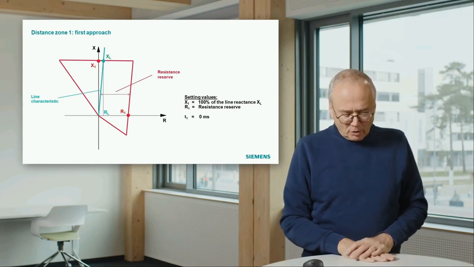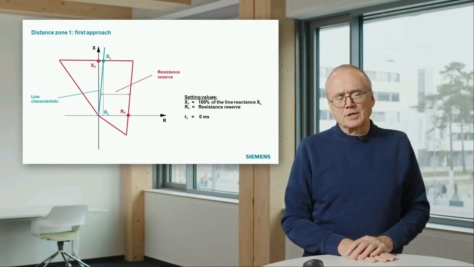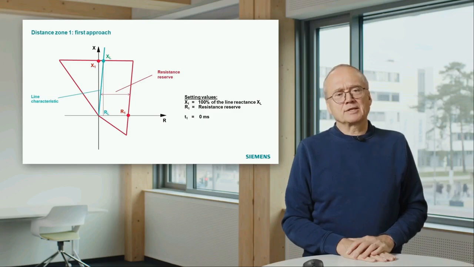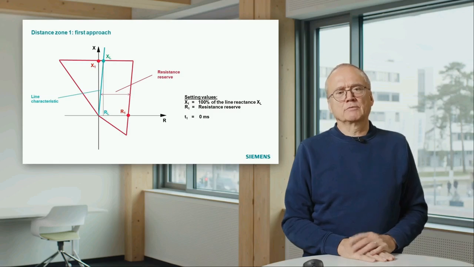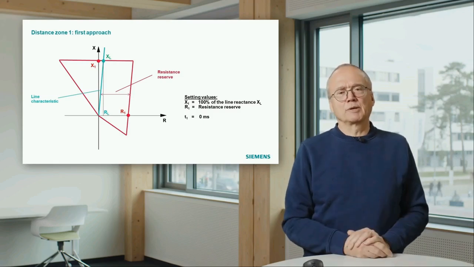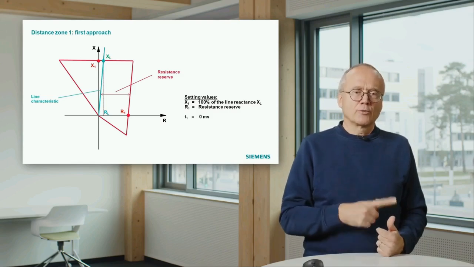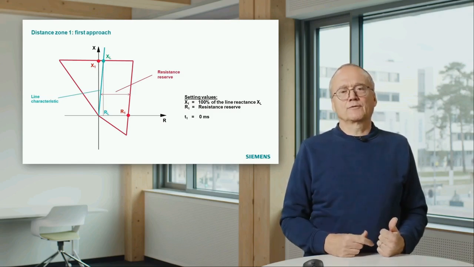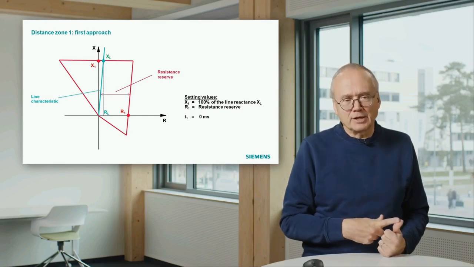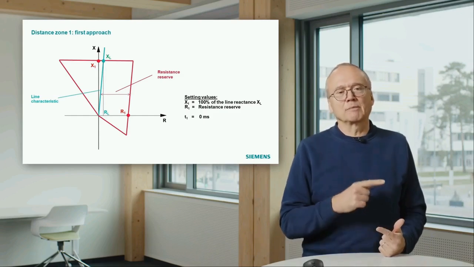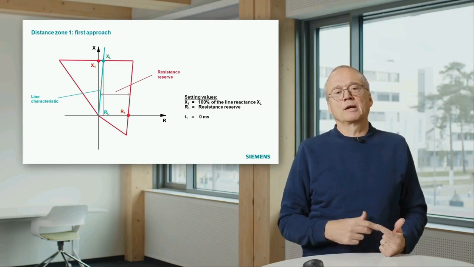It will cause problems because the impedance measurement is subject to measurement errors. And in distance protection, you have quite a number of measurement errors. You measure the currents and voltages through a current transformer and a voltage transformer. That means you have a measurement error in the current transformer, and you have a measurement error in the voltage transformer.